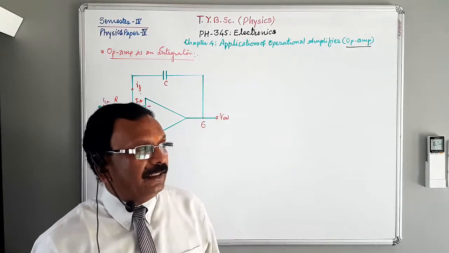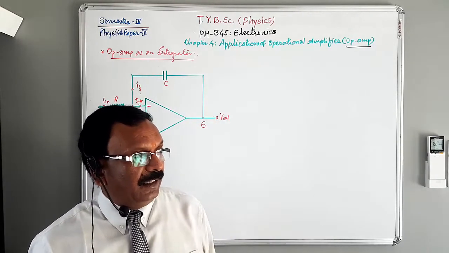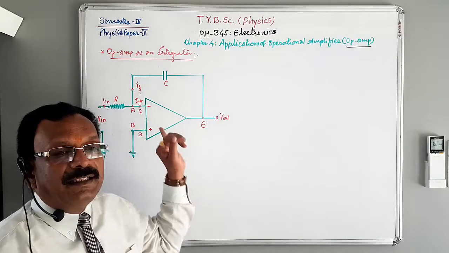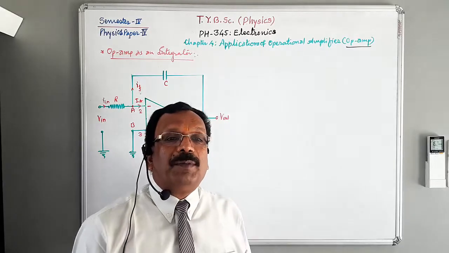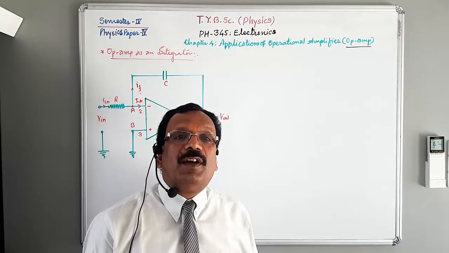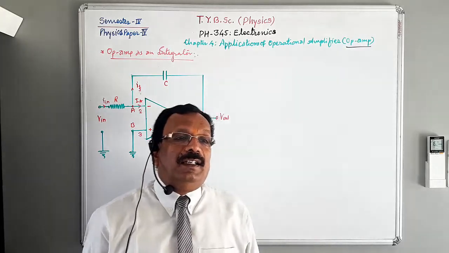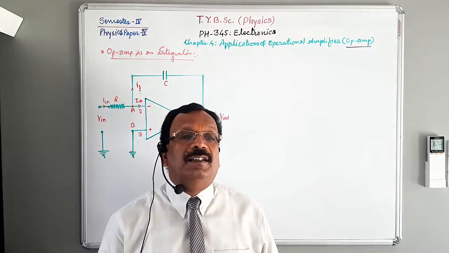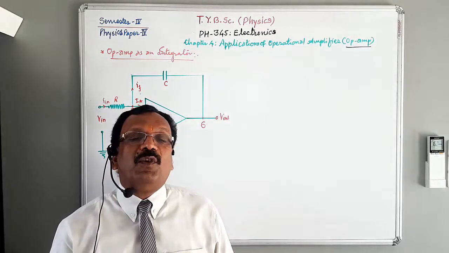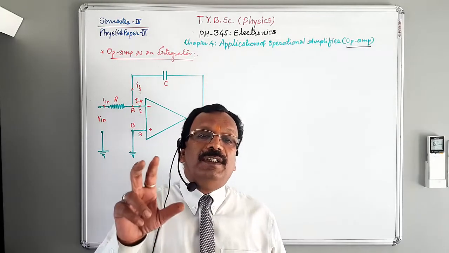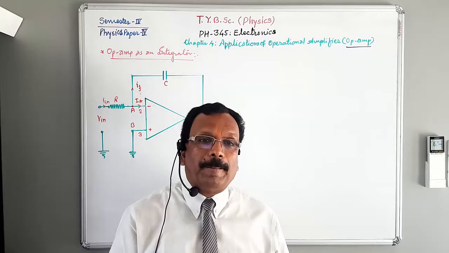An integrator, what is an integrator? An integrator is a circuit like this that performs the mathematical operation called integration, or a circuit in which the output voltage waveform is an integral of the input voltage waveform.